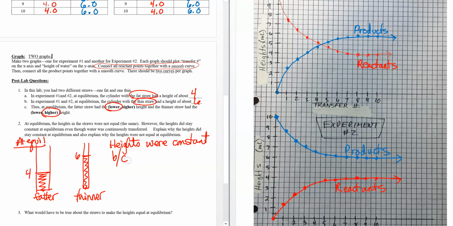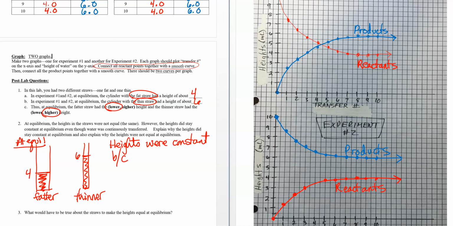because, so let's think about this for a little bit. So you always ended up with a lower height with the fatter straw and the higher height with the thinner straw, right? So what must be true? You keep transferring, but those heights are staying the same, right? So even though you're transferring, the heights are staying the same. What must be true about what's being transferred every time if the heights are staying the same?